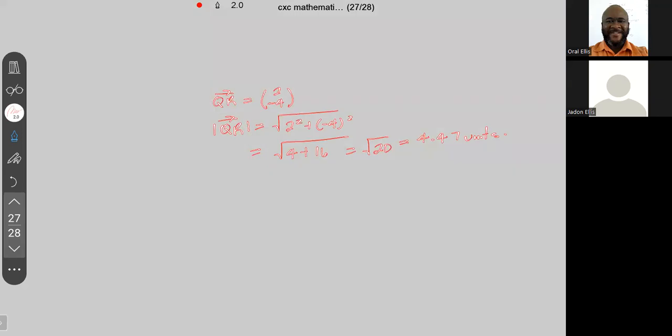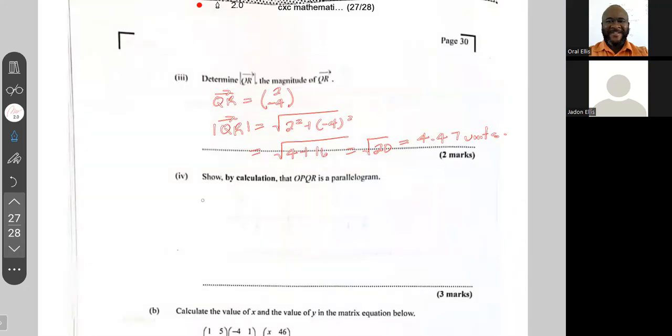So I can go back to the question. I could say that the vector PQ is (5, 1), and the vector OR is also (5, 1).